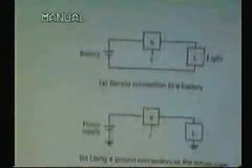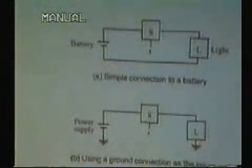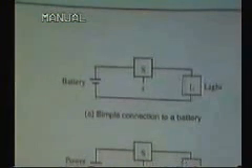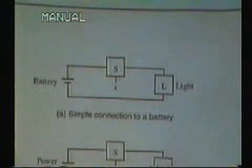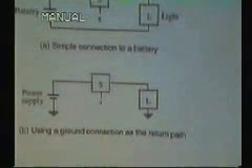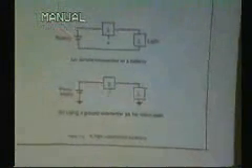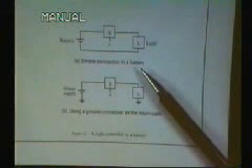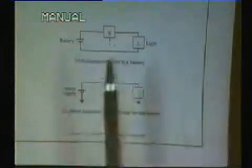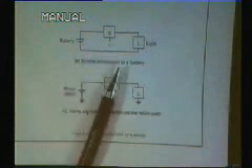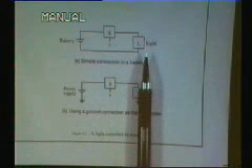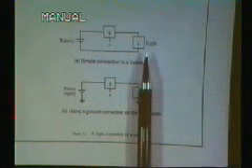Okay, next picture. It is a simple circuit, having a switch here and a battery here. What would happen to the light if x is equal to 1? 1 means closed.